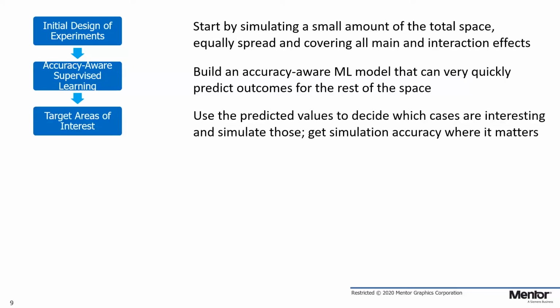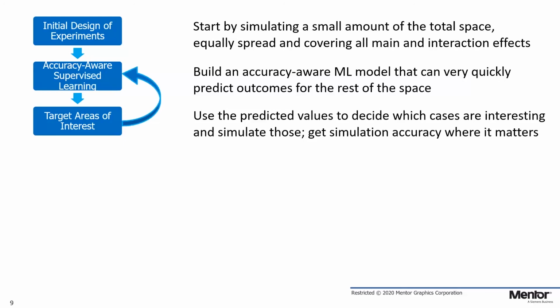So now we're running simulations where we actually care, instead of through the whole space where we don't care about most of the results. And then this becomes active: we're already selecting stuff that matters, but we can go back, take this new data that we've run at the tails, at the areas of interest, and refine our supervised learning model.